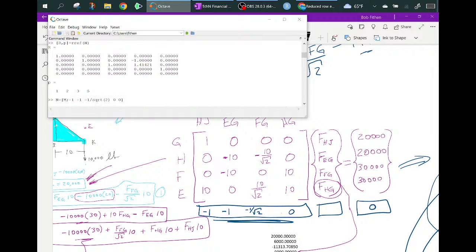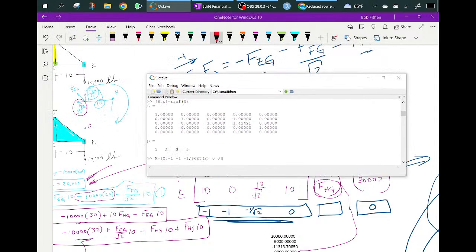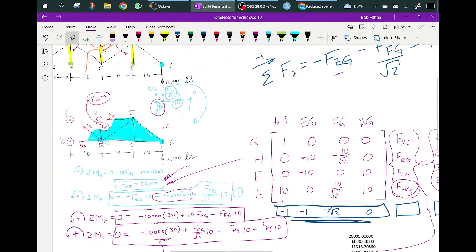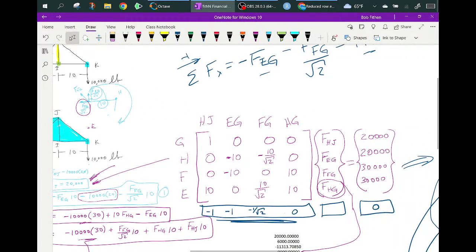I had M, which was the original one, and now I'm going to try to put in a new row, which is going to be FHG. Where's HG? This one. Now, it's going to be that. So if I look at that row, that's just FHG times that equals 0. Let's see if that works.